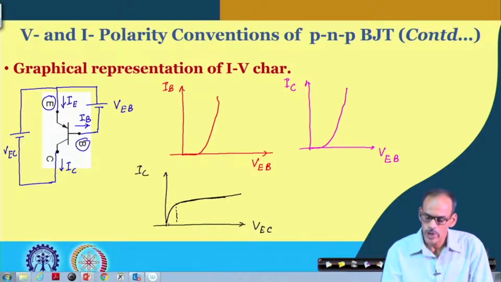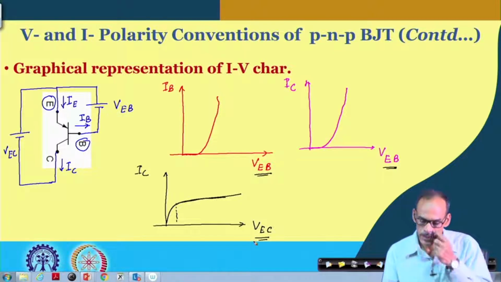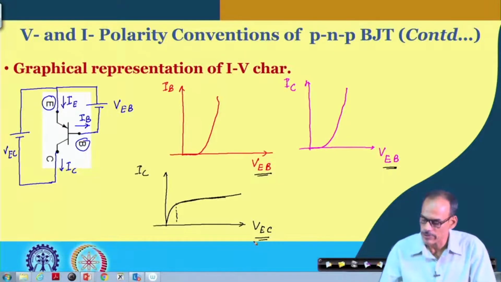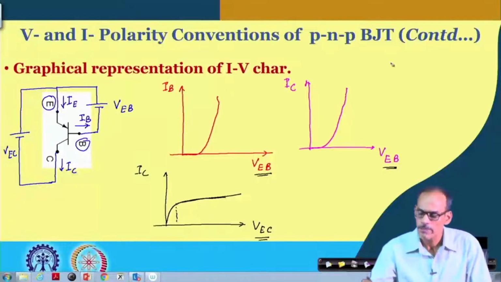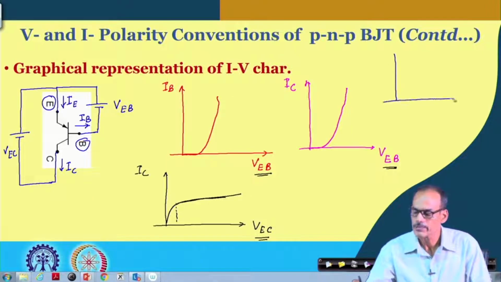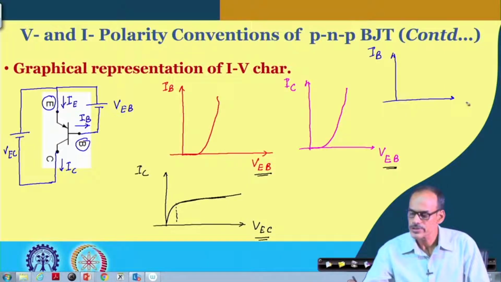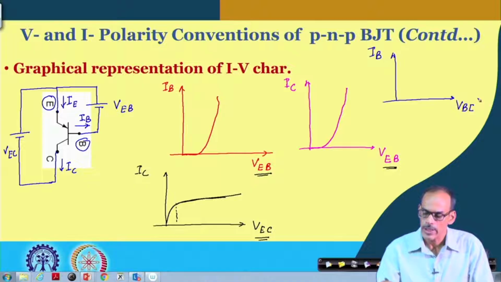Now, since we have VEB here and VEC instead of VCE, that makes a slightly different kind of convention with respect to NPN. So, sometimes people try to plot IB versus VBE.